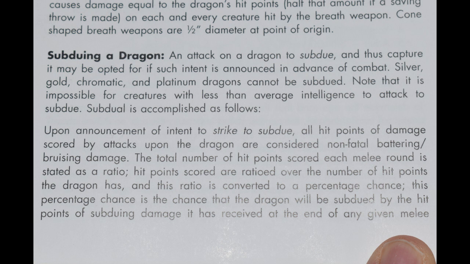There are also certain types of creatures that can't engage in subdual damage, and also there are some creatures that you cannot subdue at all. Undead, demons, devils, they say specifically you cannot subdue them. The dragons and most other creatures you can, by the fact that it tells you whether you can't or not.